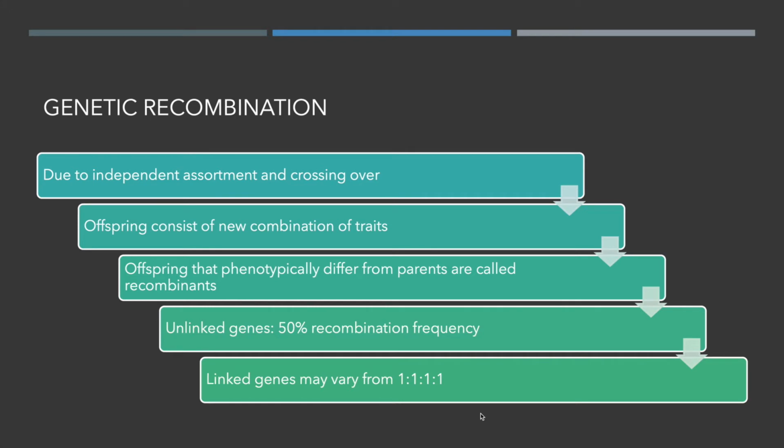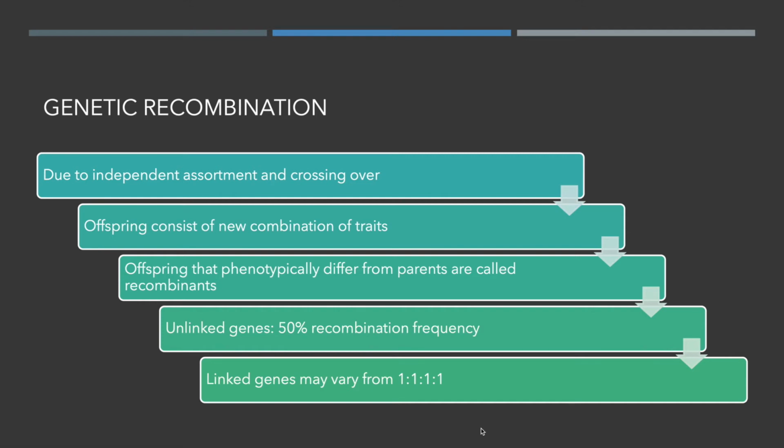Genetic recombination takes place due to independent assortment and crossing over, where offspring consist of a new combination of traits that differ from parents. Offspring that are phenotypically different from the parents are called recombinants. The recombination frequency is the percent of recombinants out of the total offspring produced.